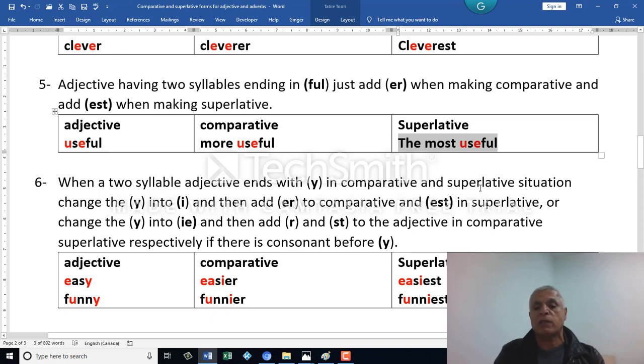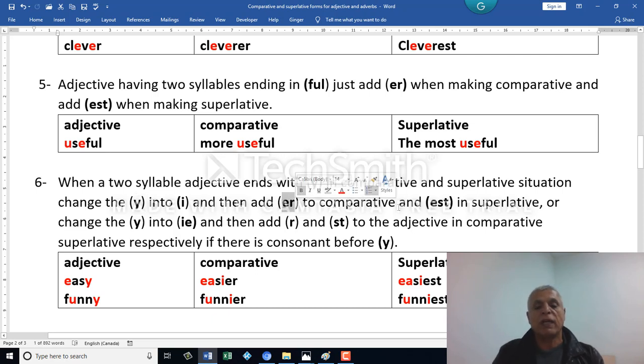In comparative and superlative situations, change the y into i and then add er to it, or est in superlative. Or sometimes we say it another way: change the y into ie, because there are two theories.